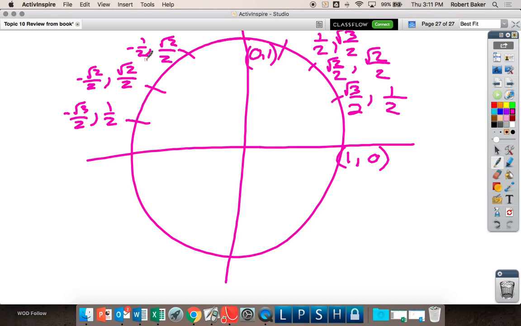Then you just take all those numbers and reflect them down. The x values will not change, but all the y values will become negative.